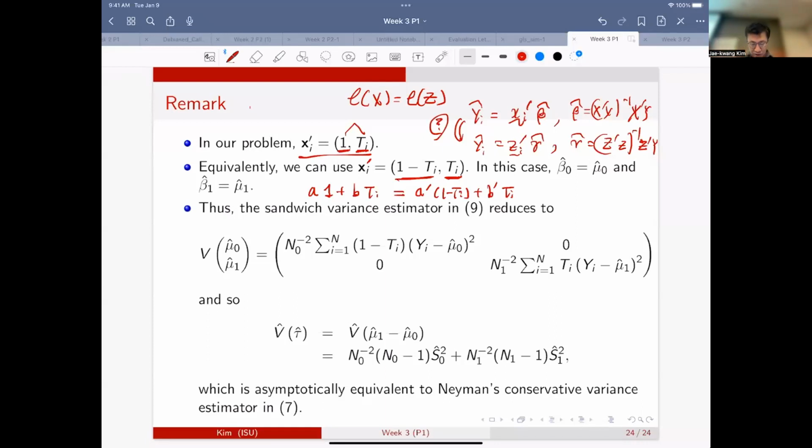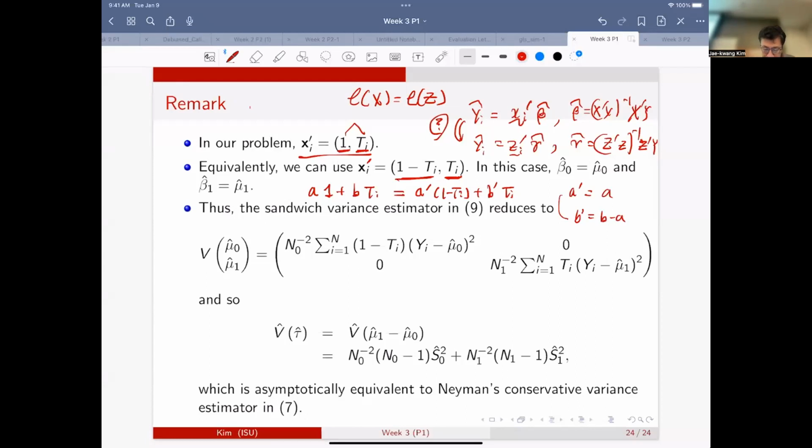Here, of course, you can find it, right? Because A prime is A and B prime is B minus A. So you found it, right? So that means they indeed span the same column space. That means they both can explain the same thing as a linear combination.